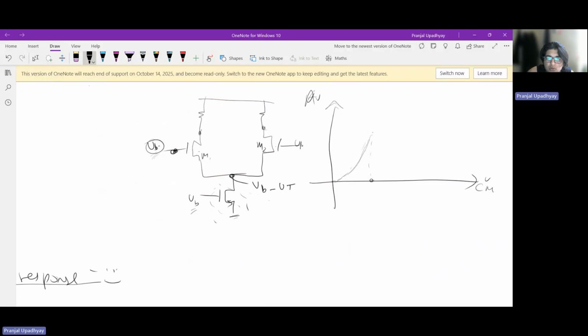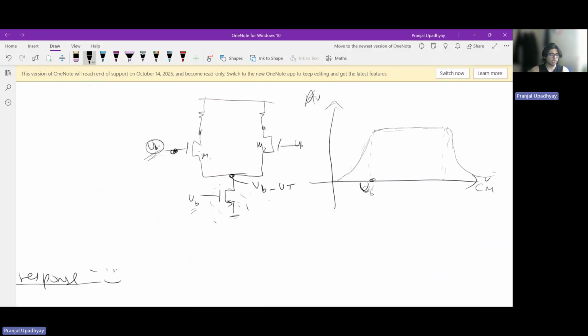At the value, which in this case happens to be VB itself, this guy finally enters saturation, and now both transistors are in saturation. We'll find the gain to be constant for a certain range of V in CM, and when this voltage is high enough that the transistors enter the triode regime, the gain falls off, right? Because both of the transistors enter the triode regime.